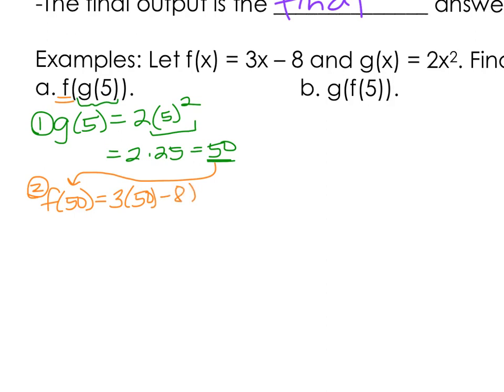Order of operations, we do 3 times 50 first, and that's 150. If we subtract 8 from that, we get 142. This is the answer for the composition f of g of 5.